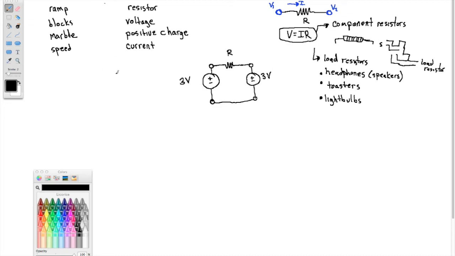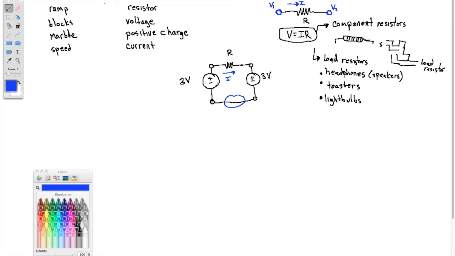Question: how much current is going through that resistor? Well, what's the voltage difference? See, down here is the table. Okay, this is what the blocks have in common, this table.